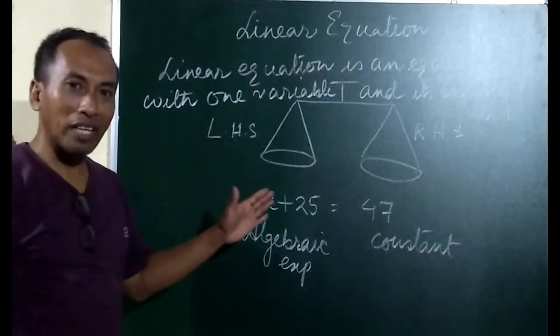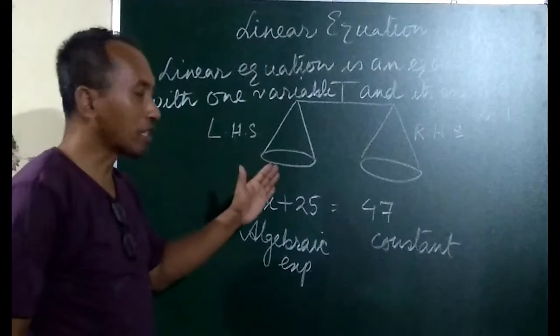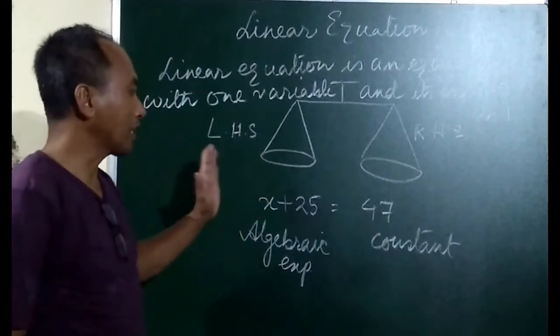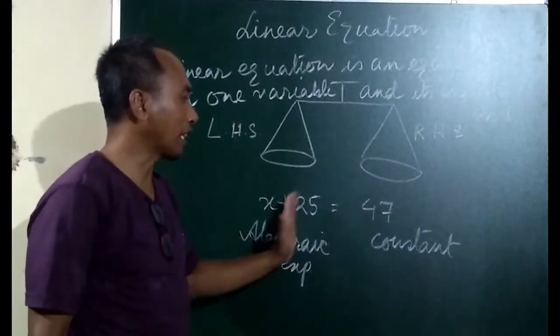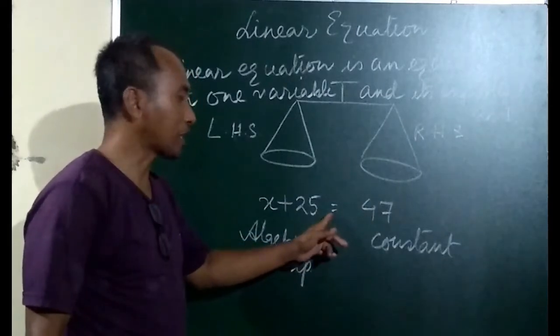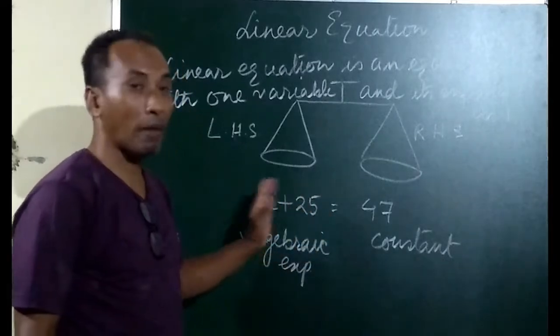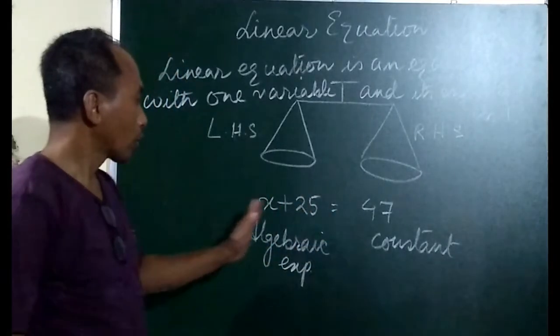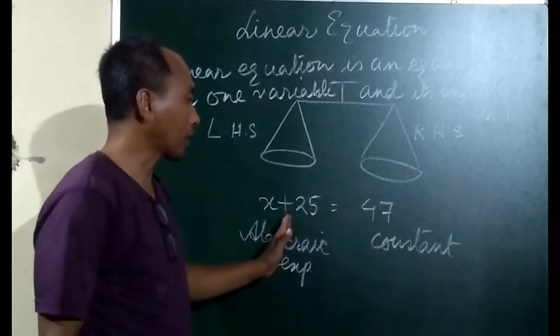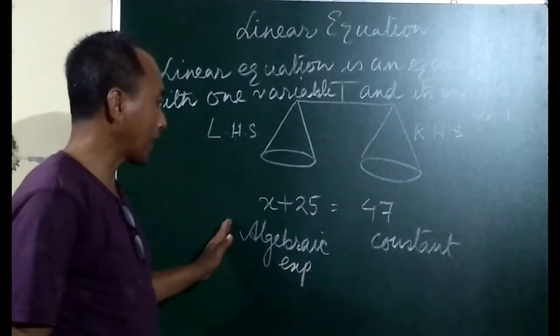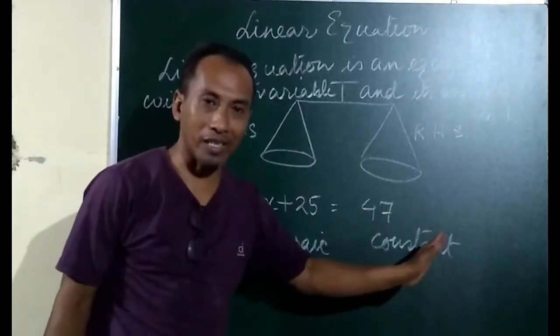Let me repeat again. What is an equation? Equation means a sum which is divided into two equal parts by the symbol equal. The word equation comes from the word equal. So an equation has two parts: one is an algebraic expression, another is a constant.